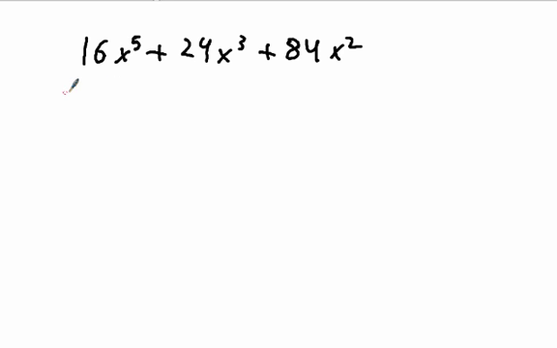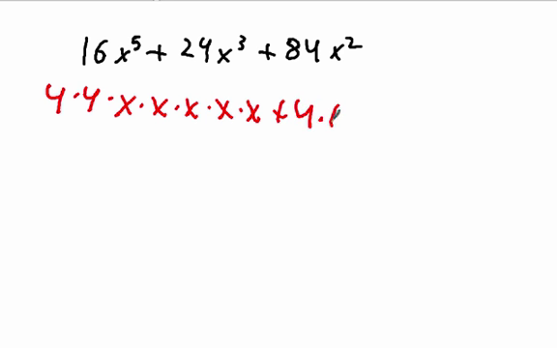Well, if we break it down, 16x to the fifth, that's 4 times 4 times x times x times x times x times x. 24x cubed, that's 4 times 6 times x times x times x. And 84x squared, that's 4 times 21 times x times x.